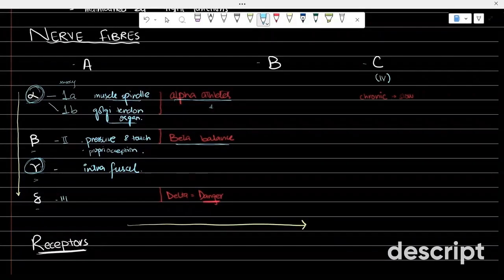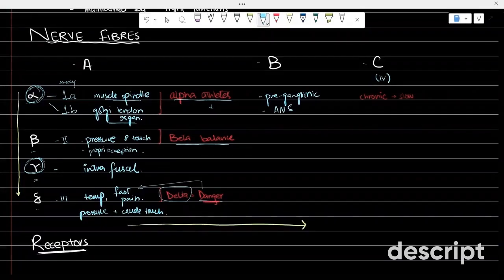Delta is primarily for temperature and fast or sharp pain, pressure, and crude touch. Always remember delta is equal to danger. Danger means fast pain. Now moving on to B nerve fibers. These are mostly in the preganglionic autonomic nervous system.